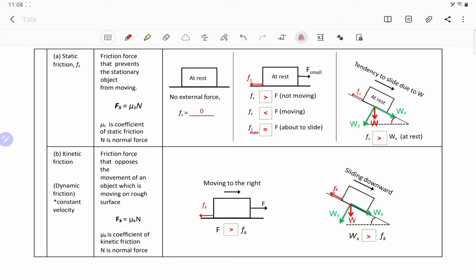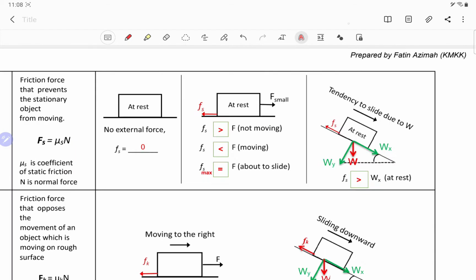So, there are two types of friction. The first one is static friction: geseran yang berlaku apabila objek berada dalam keadaan tidak bergerak. And then kinetic friction: geseran yang berlaku apabila objek bergerak. Kinetic, bergerak. Friction force prevents a stationary object from moving.